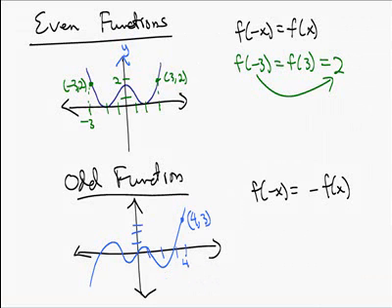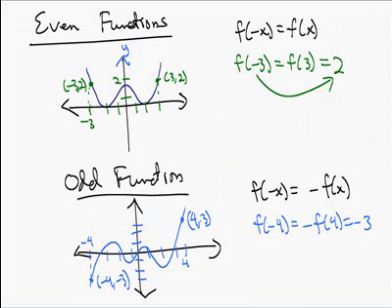Well, if that's the case, then f of negative 4 is going to equal negative f of positive 4, which will be negative 3. So if 4, 3 is a point on our graph, then negative 4, negative 3 is a point on our graph if the function is odd.